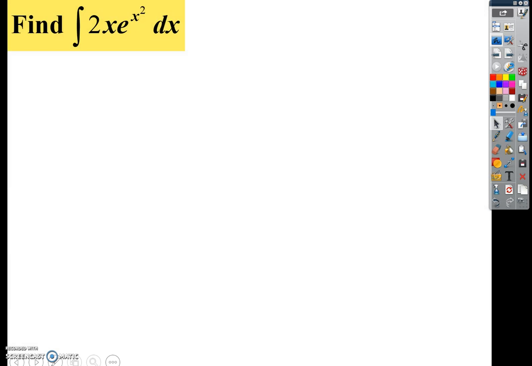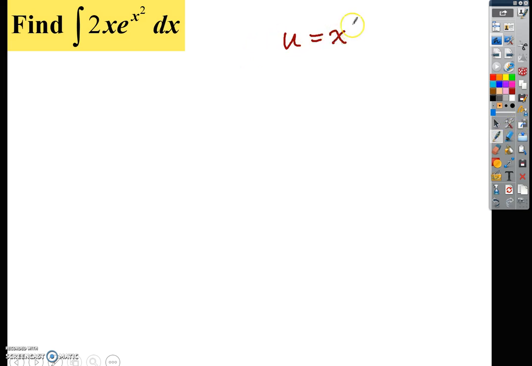All right, so let's see what we got. Now we've got this slightly more complicated problem. Let's go ahead and start with u. Let's let u be x squared, and therefore du is 2x dx. And so there's du, and this was u.